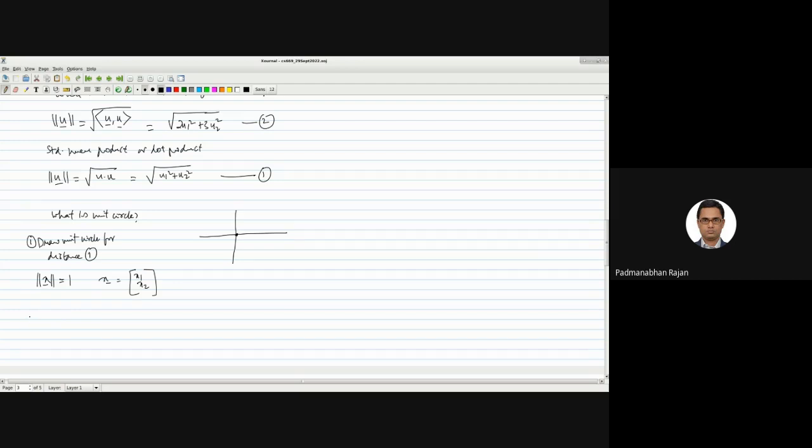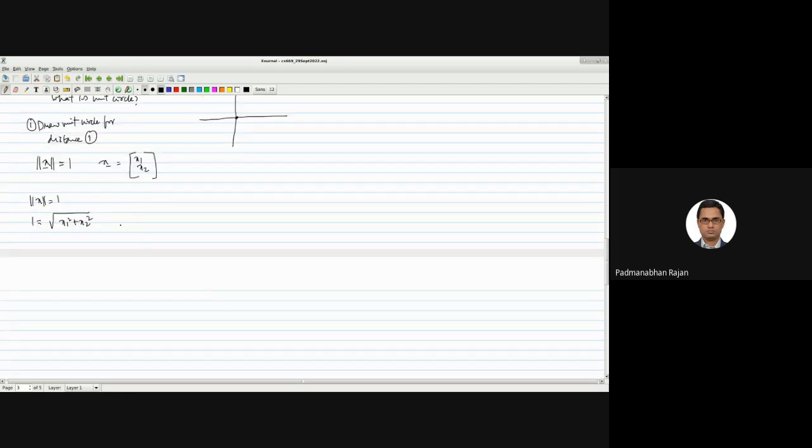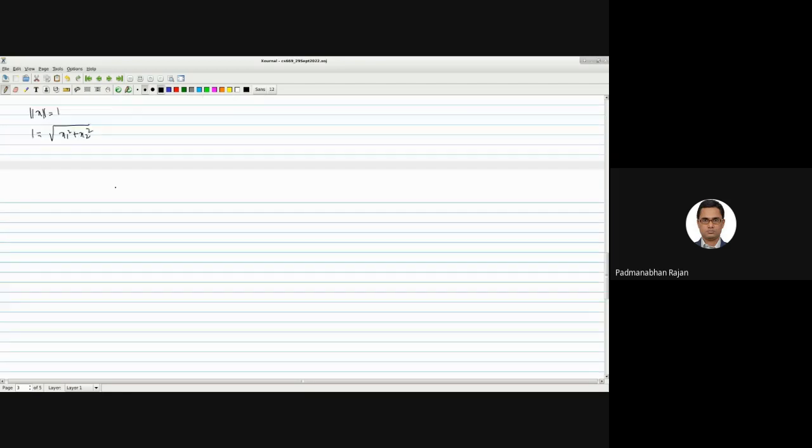So the distance of x equal to 1, what is the distance? This we know. It is the root of x1 square plus x2 square. If I just take the square, I will get x1 square plus x2 square equal to 1.